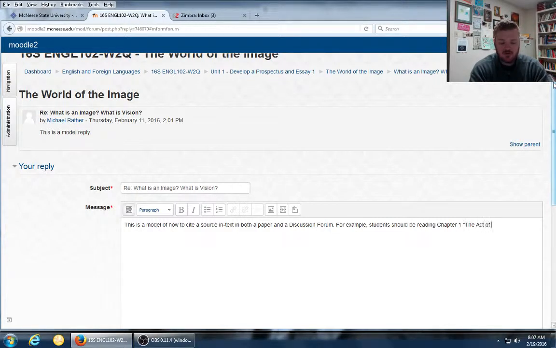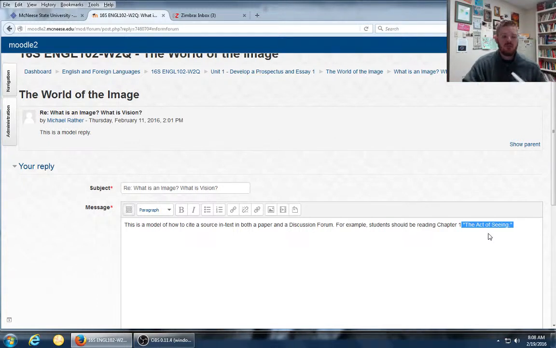act of seeing. Now, first lesson about titles in MLA. Since this is a chapter that's part of a larger book, the chapter is placed in quotes. So each of the articles in this chapter would also have their titles placed in quotes, whereas the title of the textbook is italicized.